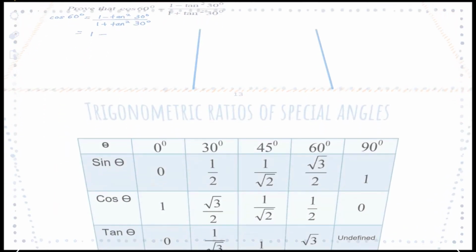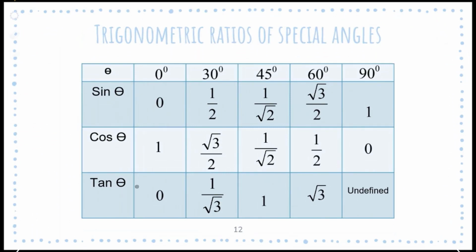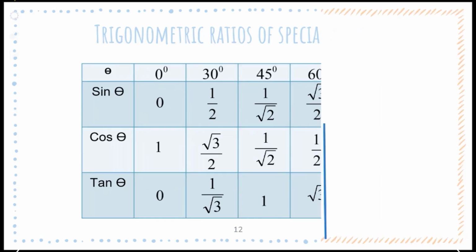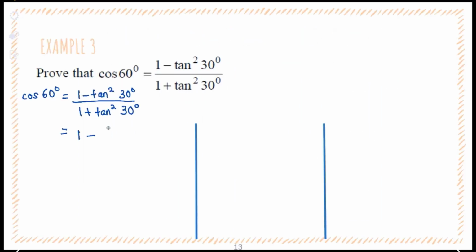If we look back at our slide, the exact value of tangent 30 is 1 over square root of 3. So we want to use the exact value here. So it's going to be 1 minus 1 over square root of 3, squared, divided by 1 plus 1 over square root of 3, squared. So that's going to be our first step.